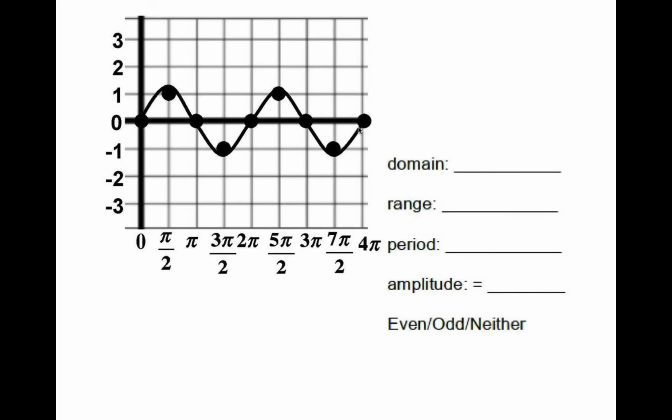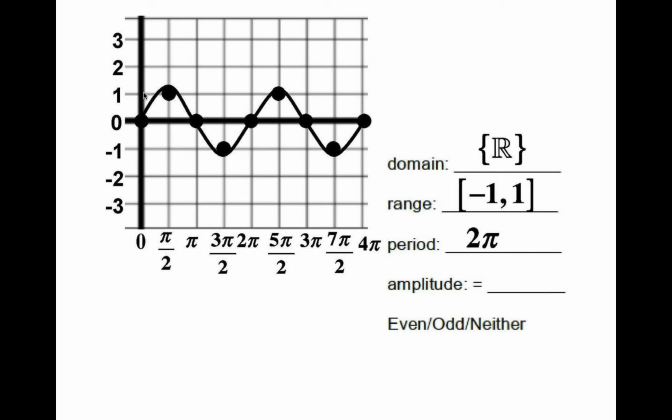So your domain, I could keep going around the circle all I want, so the domain is all real numbers. However, your range, or y values, goes from negative 1 to 1. A period, remember that's where the graph starts to repeat. So if you're starting here and you trace the graph, the complete graph ends at 2 pi.